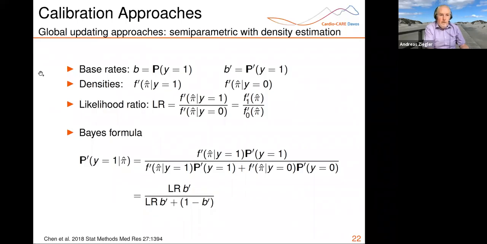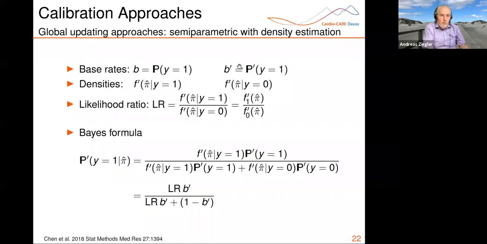approach according to Chen. So what we have in our data set is we have some kind of base rate for the initial data set, so for our training data. And for the test data, which I typically call validation data, we also have a base rate. And you can see that I make the distinction here between the training data set and the validation data set by using the prime for the validation data.